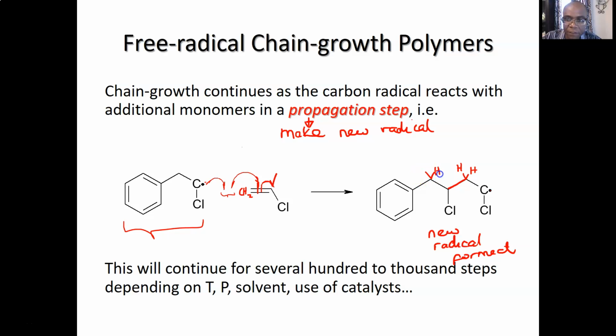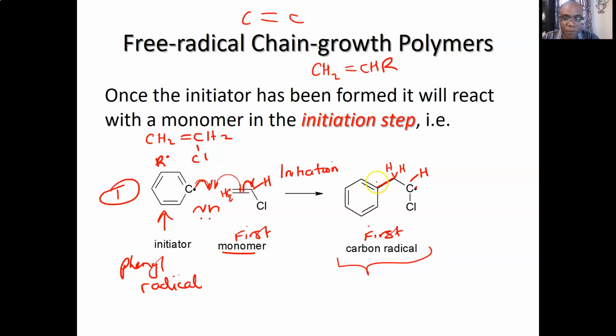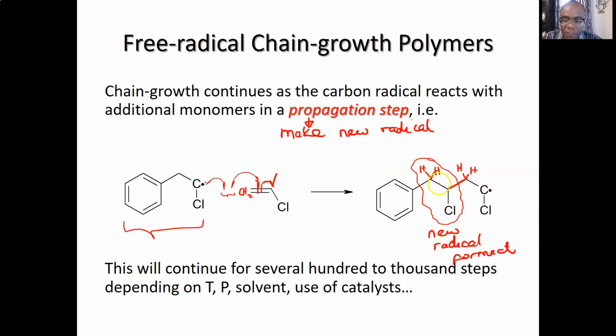This is the first monomer you created from your radical initiator. From this step, you made this radical by joining to the first monomer. This is the second monomer. So that's the first monomer, that's the second monomer, and this process can keep going so many times until you add the nth monomer.